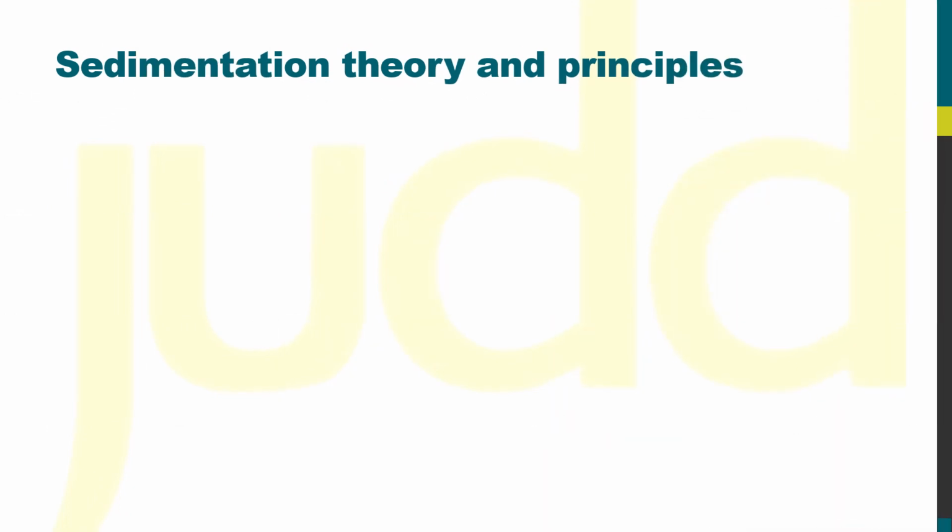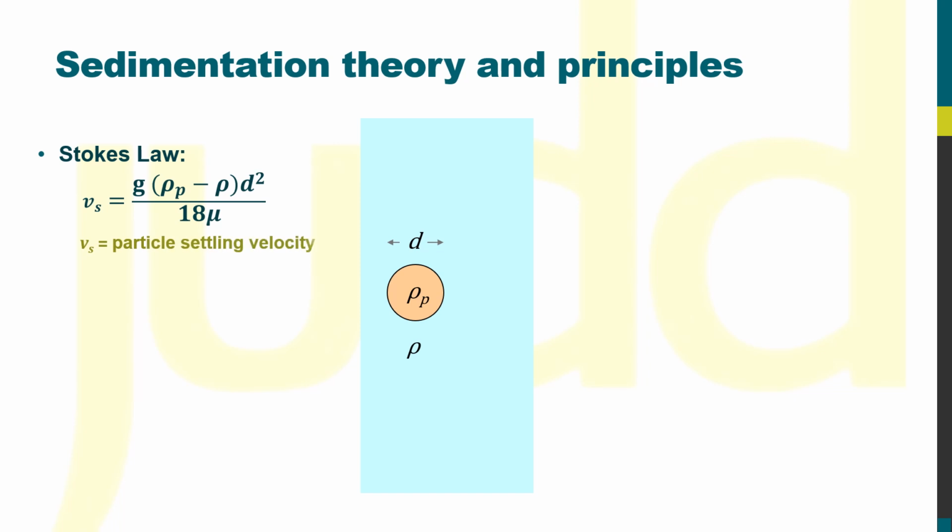Starting with sedimentation. The rate at which a suspended particle in water moves relative to the surrounding water relates to its size and density compared with the water density, according to Stokes' Law.